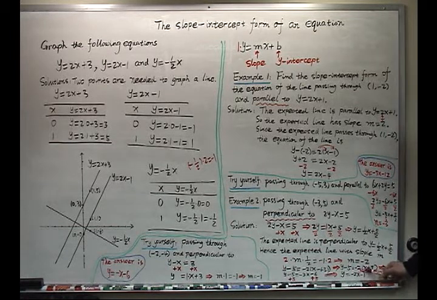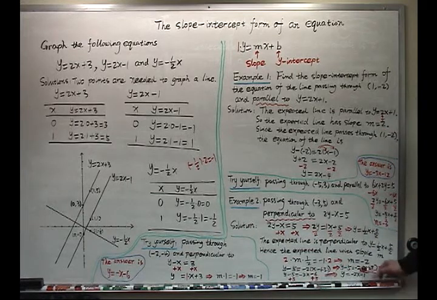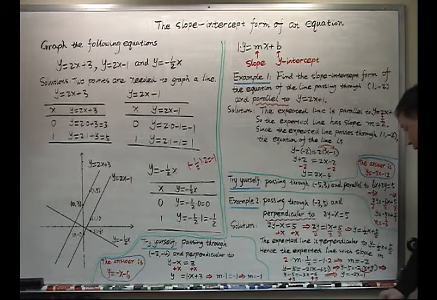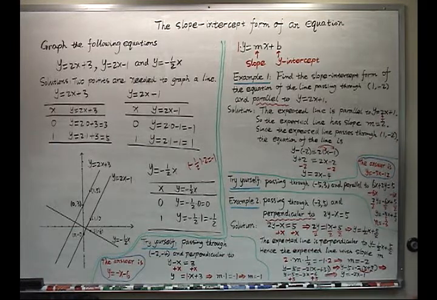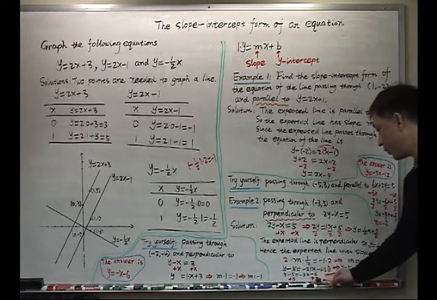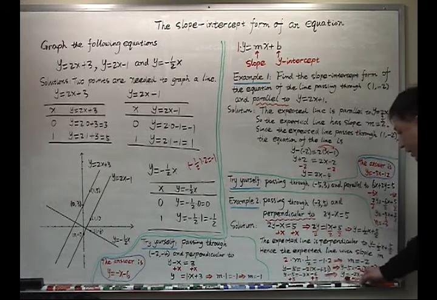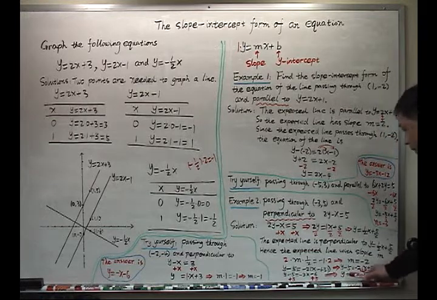Negative 2 times x is negative 2x. Negative 2 times 3 is negative 6. Then add 5 on both sides, so negative 5 cancels. You have y on the left-hand side, and negative 6 plus 5 is negative 1. You keep negative 2x. So y equals negative 2x minus 1 is the final solution.